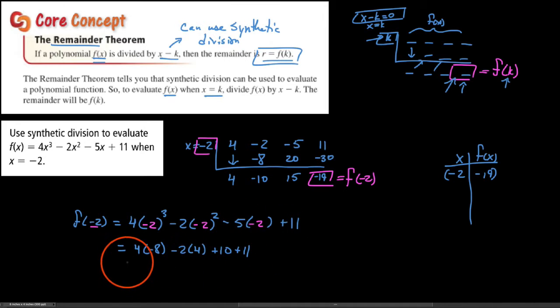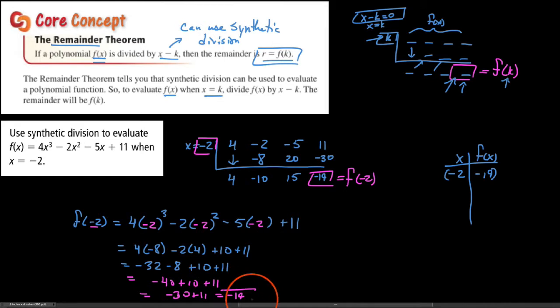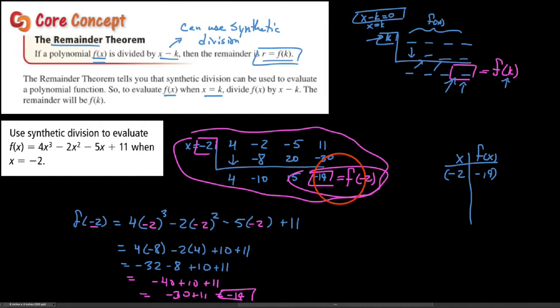We have +11 here. And then multiplying this out, we get -32, -8, +10, +11. So -32 and -8 is -40 plus 10 plus 11. So in other words, we get -30 plus 11, which is the same thing we got up top there, which is -19.